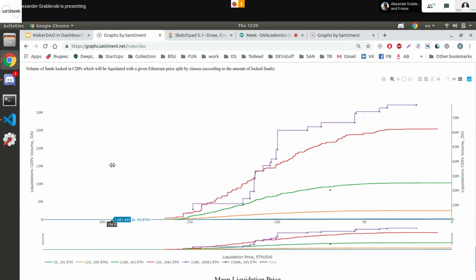I think the point why we calculate this on this graph is because we measure only what is locked on the CDP, but we don't take into account whether DAI was issued. And when we calculate liquidation CDPs, we just take the numbers from our database that is calculated in a different way.